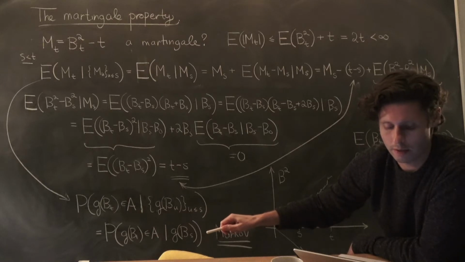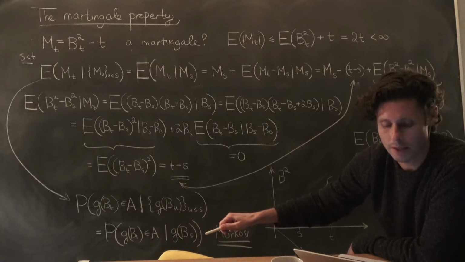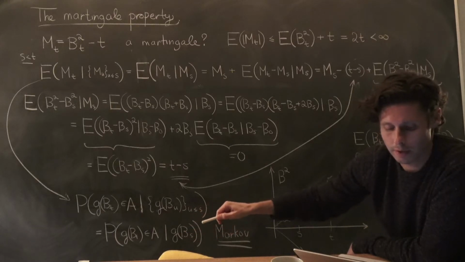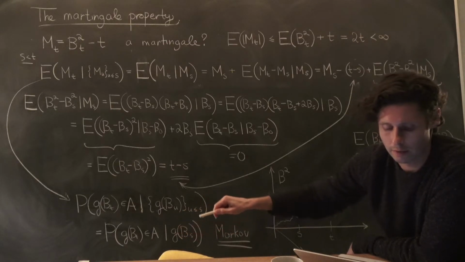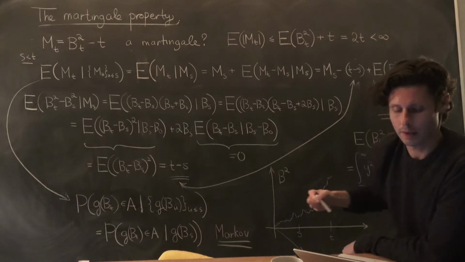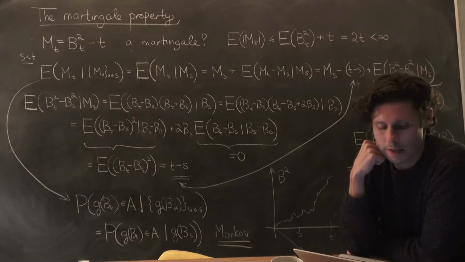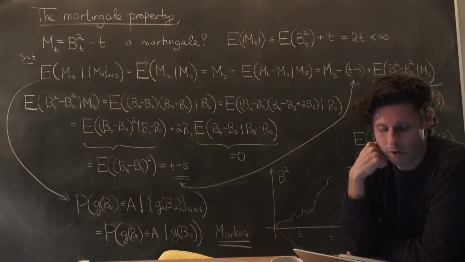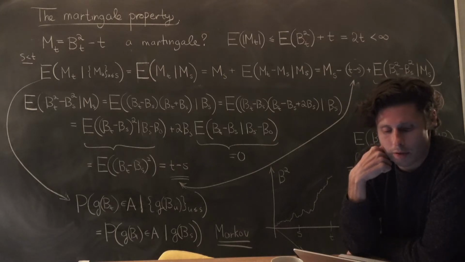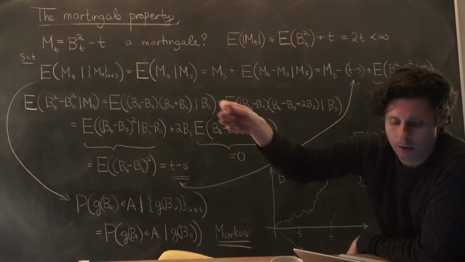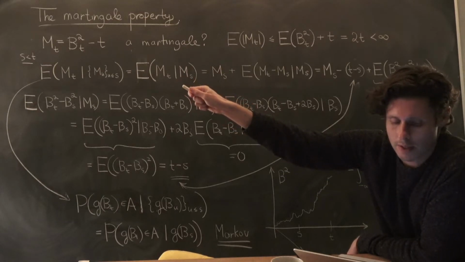Only the value of B at time s is important, and then the tower property would collapse again, and you'll see that you get this conditional probability here, verifying that any function of a Brownian motion is indeed Markov. And so that's just a long-winded way of saying that, as we expect, M is going to be Markov, and we can switch to this step here.